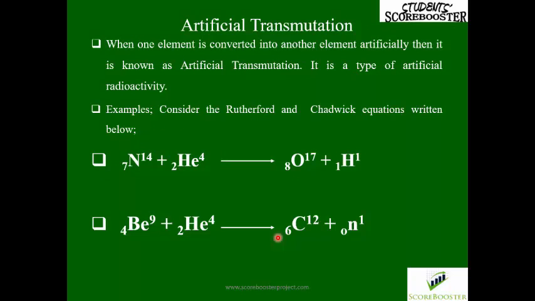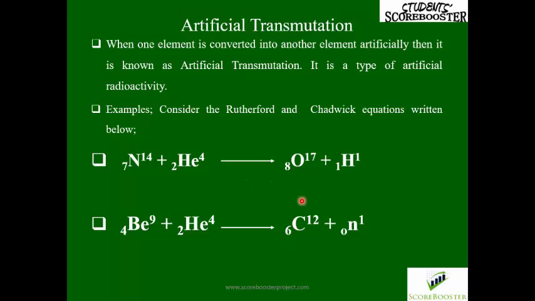In corollary to artificial radioactivity, there's another name they call it: artificial transmutation. That is when we intentionally turn one element into another by bombardment with either an alpha particle or a neutron. Alpha particle, I mean a proton.